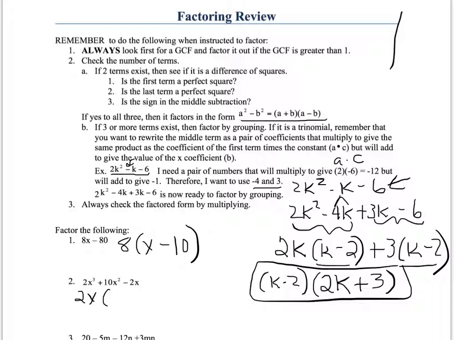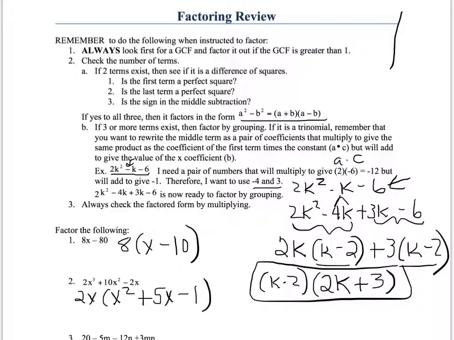So 2x times x squared is how I would get 2x to the third, match my sign, plus 2x times 5x is how I get 10x squared, minus 2x times 1 would give me the last term. And if I double check my parentheses, I'll notice there are 3 terms there.